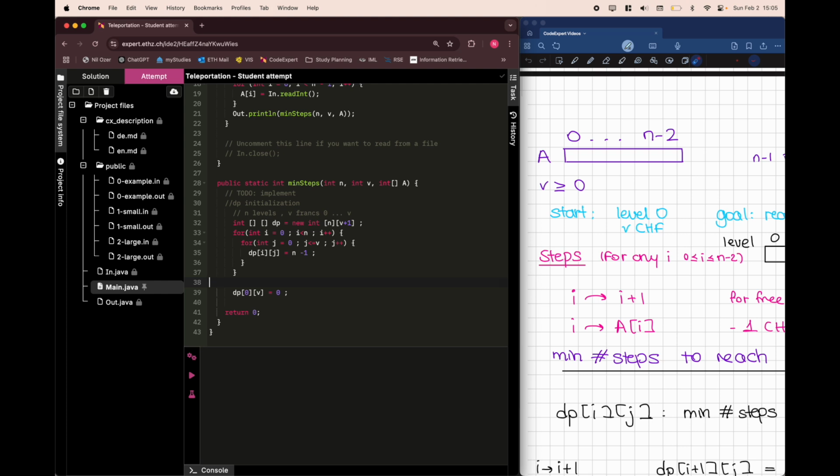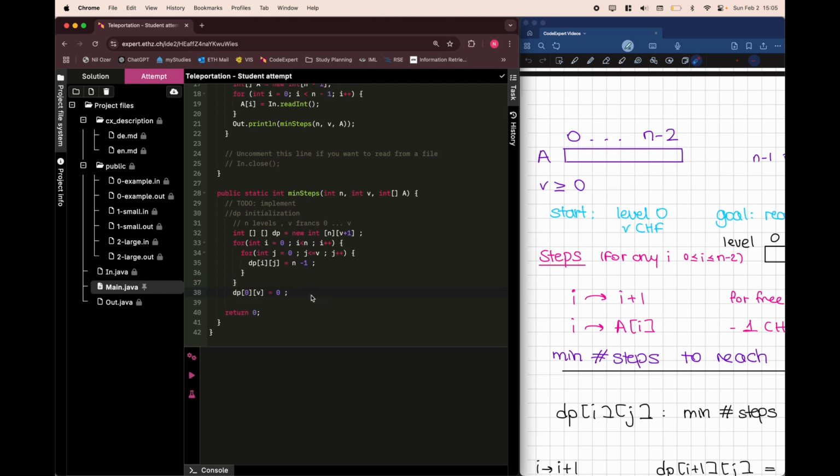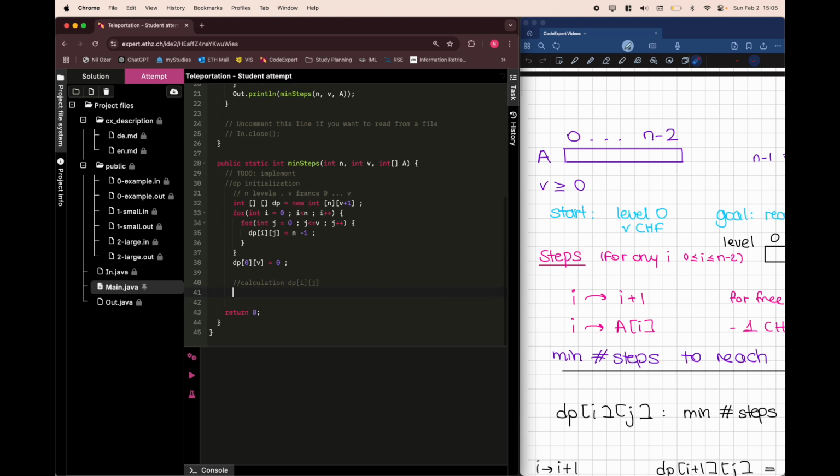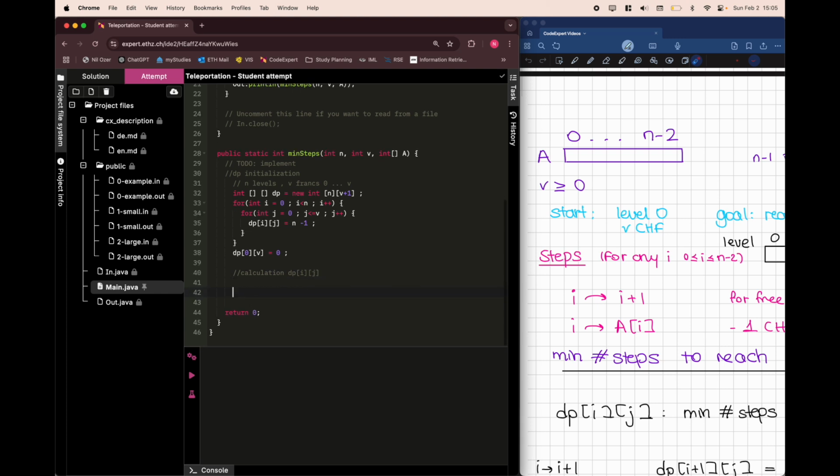So now we have our initialization. The next thing that we have to do is obviously the calculation of the DP table, the calculation of every single dp[i][j] entry.